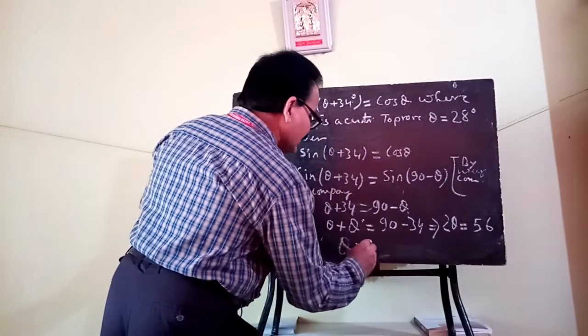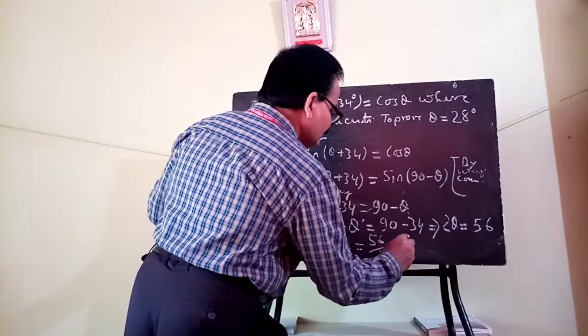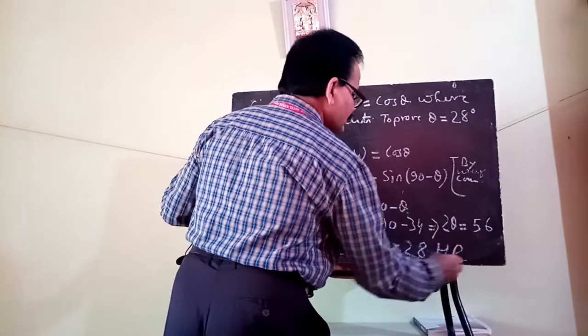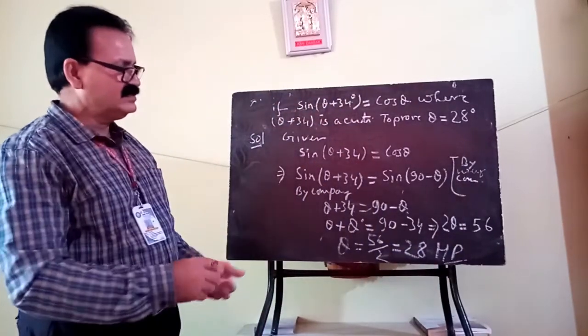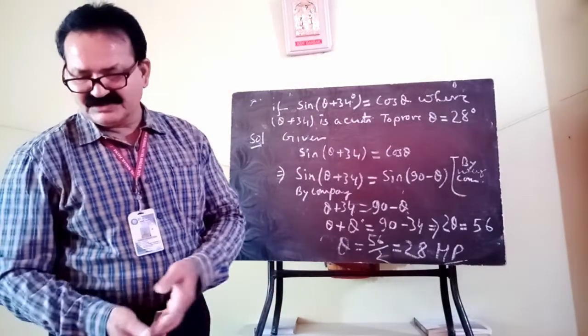Then theta will become 56 by 2, which is 28. Hence proved. So these are also very simple questions.